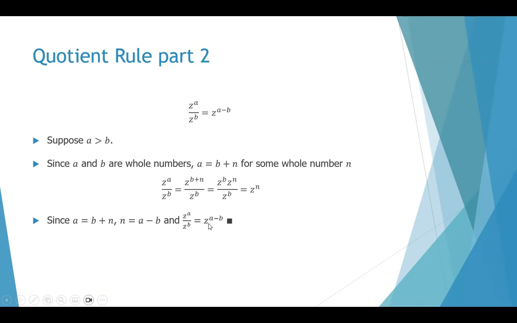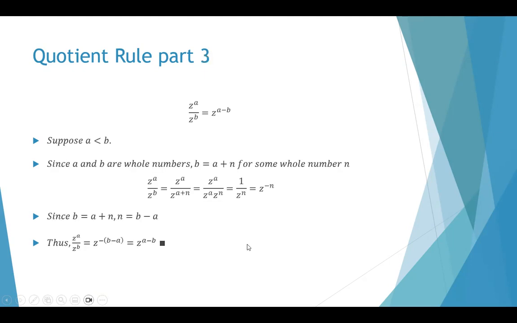Since a equals b plus some n, and n equals a minus b, z to the a over z to the b, this side, is equal to this side, but now we're replacing n back with what we know it's equal to, a minus b. So z to the a over z to the b is equal to z to the a minus b. This was going with a is greater than b.